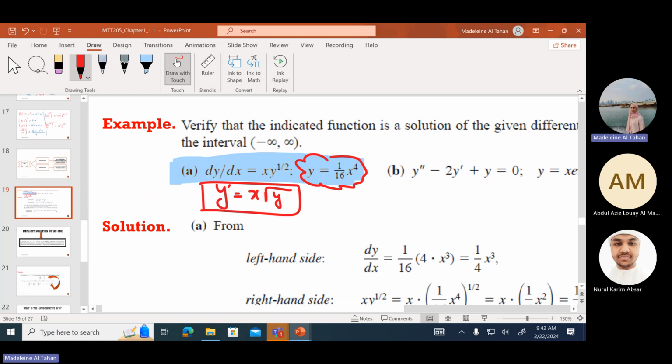We are just asked to check if this one is a solution or not. Okay, we'll check it together.